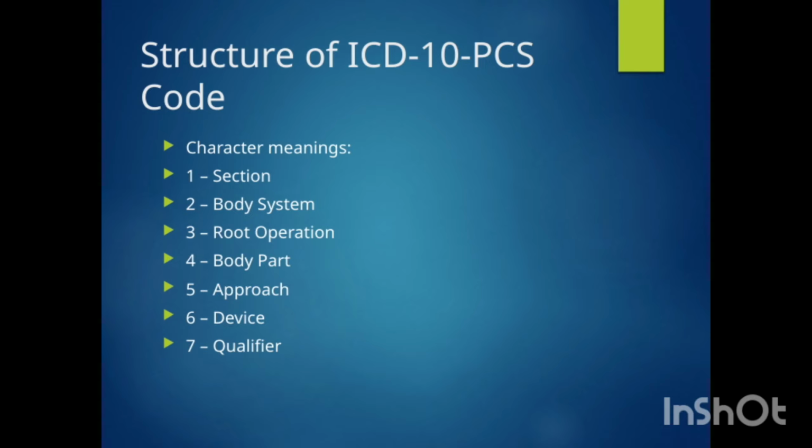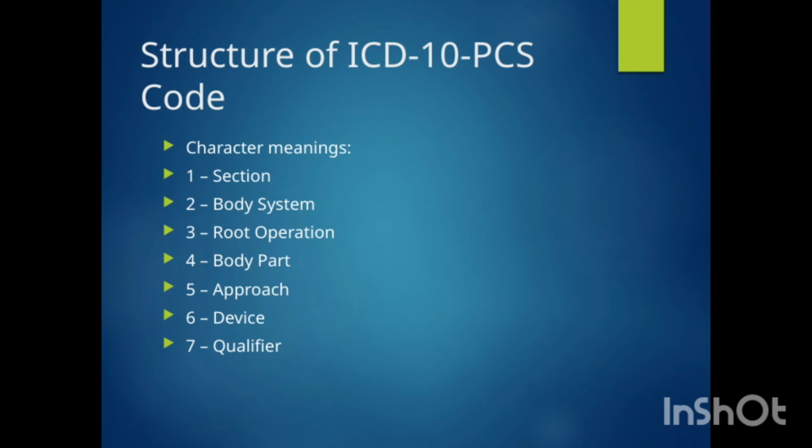After that, the approach character explains how the procedure was performed. The device character shows if any device was used during the procedure. The qualifier provides additional details that might be relevant. Understanding this structure helps us interpret codes accurately and ensures precise documentation and communication in healthcare. This systematic approach is fundamental to how ICD 10 PCS organizes and classifies procedures, supporting clear and consistent coding across the industry.